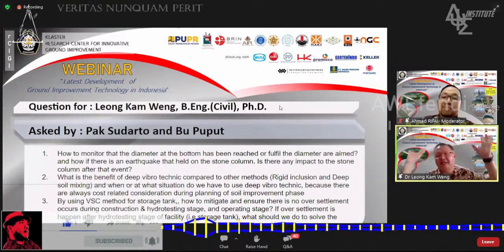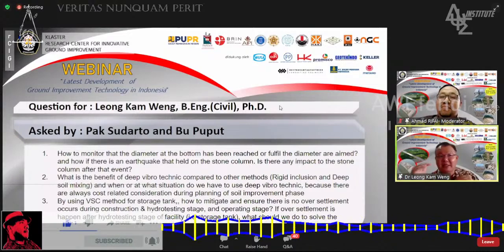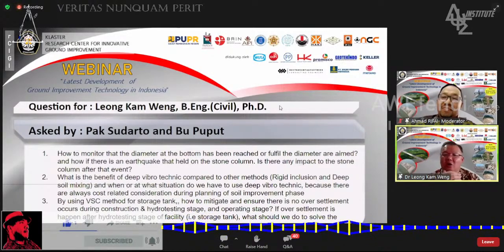And if you follow all these things and there is still over-settlement, then you have to review it. Does it still meet the tank spec, which means the API standard? If it still meets the tank spec, then you can continue to operate.